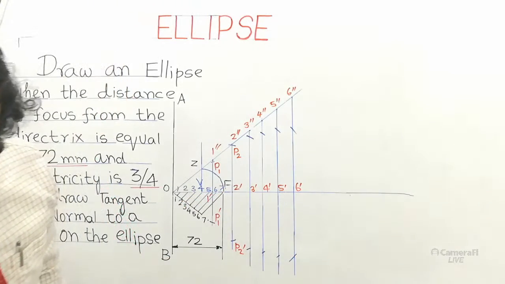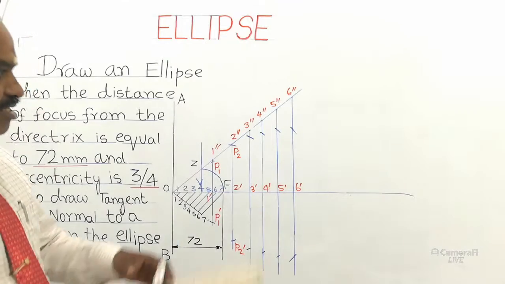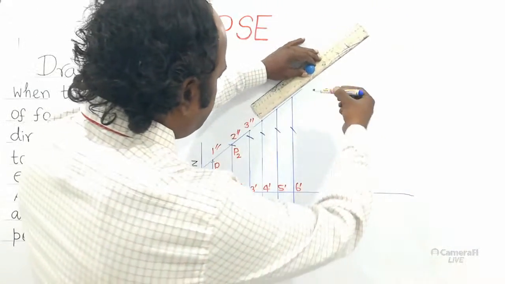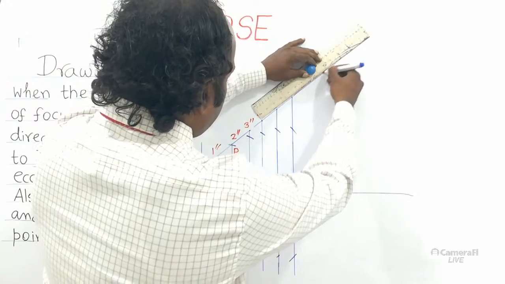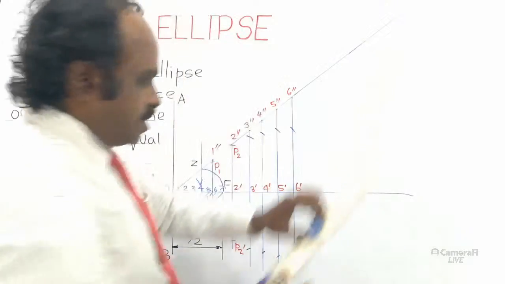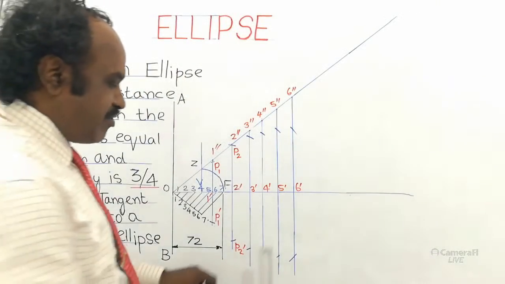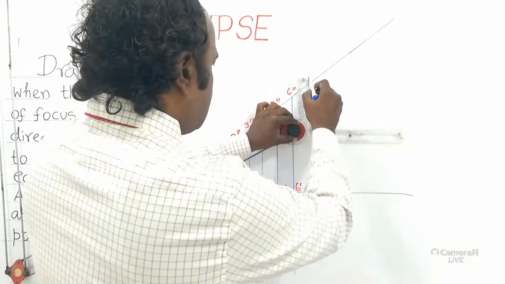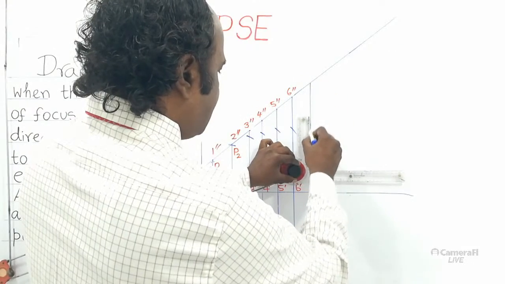Okay. So next you further extend the line. O is that line. So draw some more vertical lines. This will be the 7th vertical line.